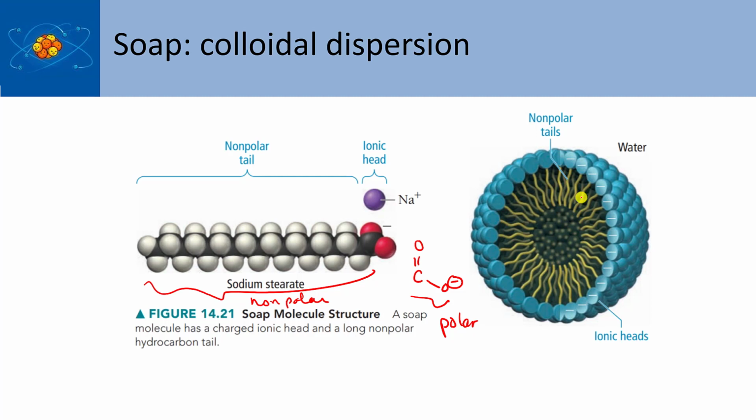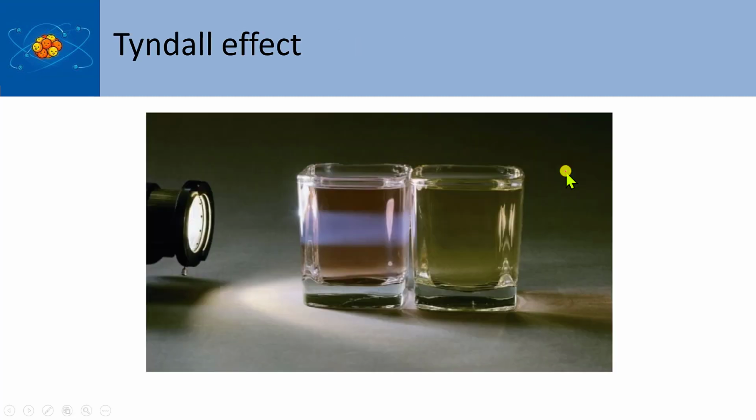If you take a light and you shine it on a soap solution, what ends up happening is that the light will scatter in the soap solution here. And this is just water on the other side, a little bit of food coloring in it, I believe. But the colloidal dispersion, you can see in the soap solution this sort of scattering of light.